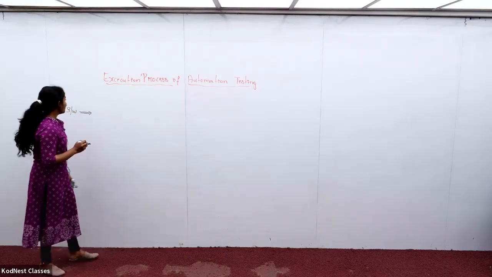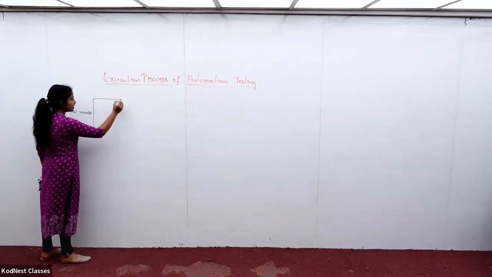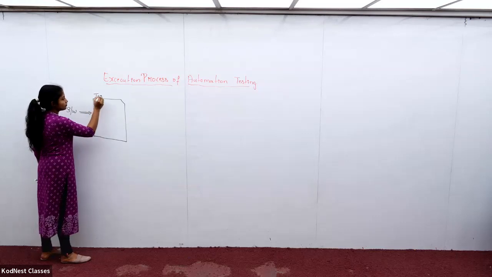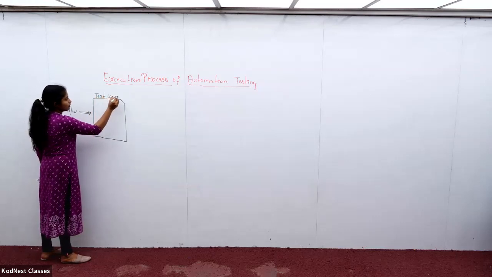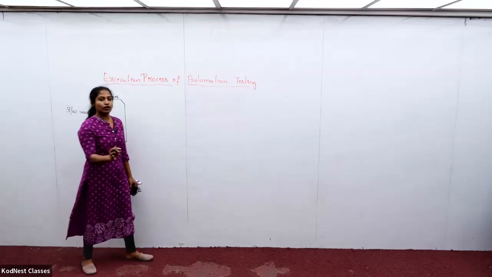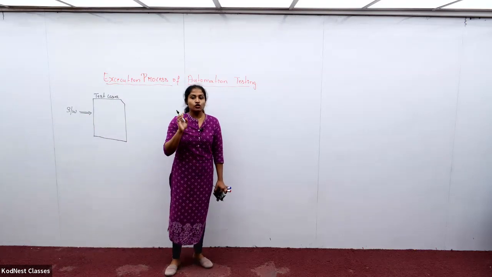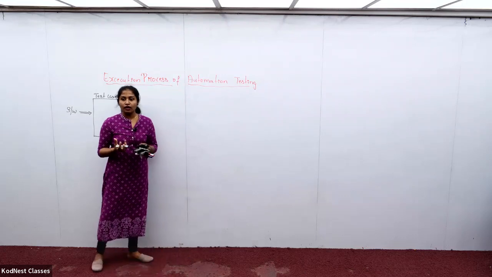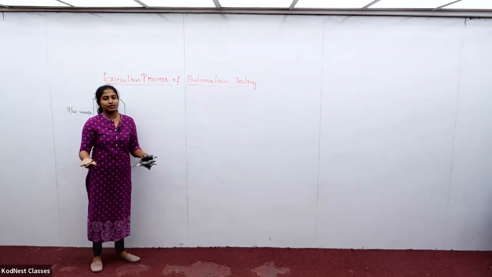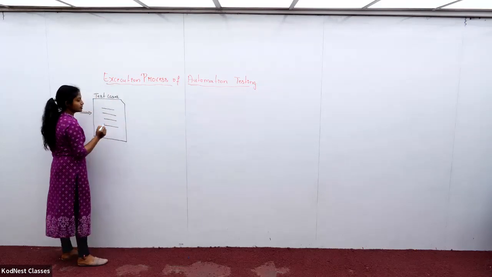So the first step is that you have to write the test cases. You are very good at writing test cases because you know manual testing, right? For one software, you can write different test cases covering everything you have to test. So the first step is to write the test cases.